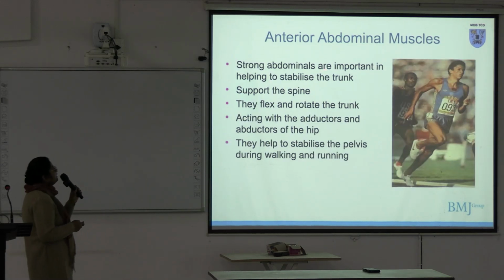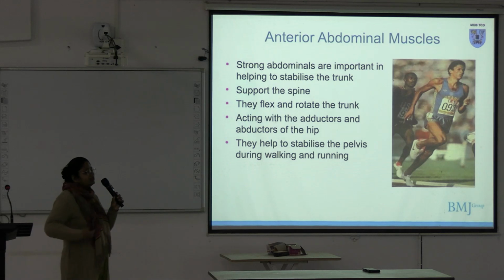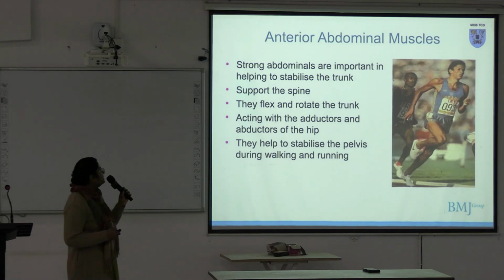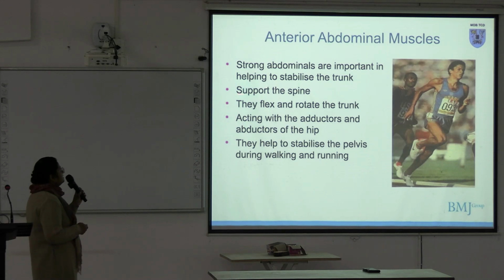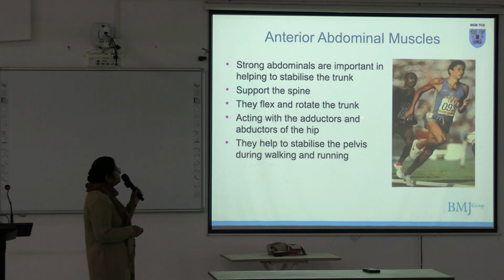So strong abdominal muscles are important in helping to stabilize the trunk. They stabilize the trunk because they connect the costal margin with the iliac crest. They support the spine and they flex and rotate the trunk.